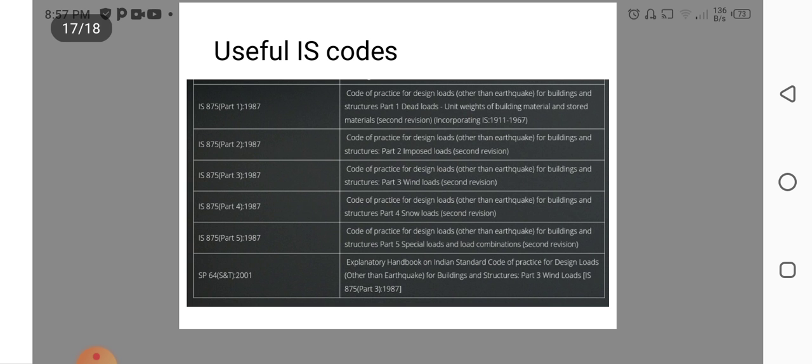Here are the useful IS codes for the discussed loads acting on the building.